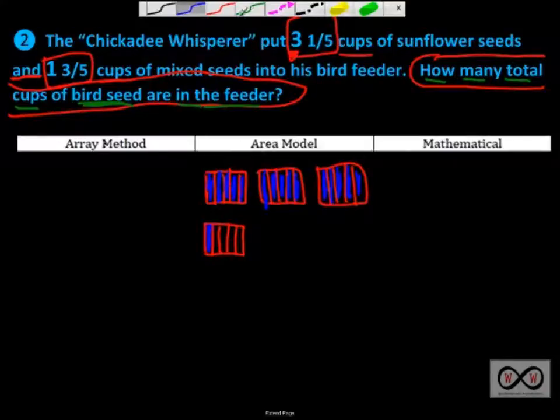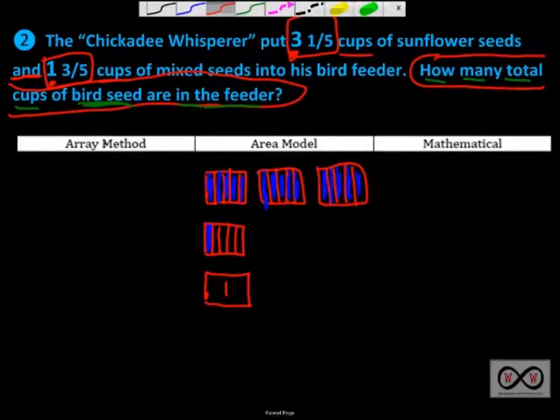Now let's show the second amount. We have 1. Look at that. We have 1 more full cup. So let's show that here, using the same color scheme. We have 1 full cup. There's that 1 whole right there.